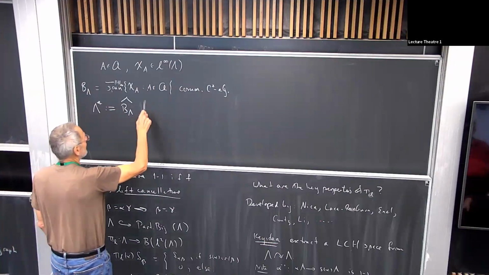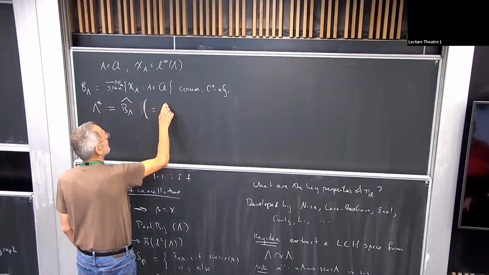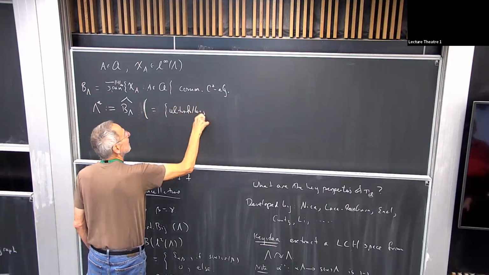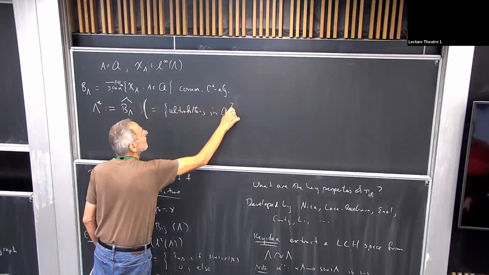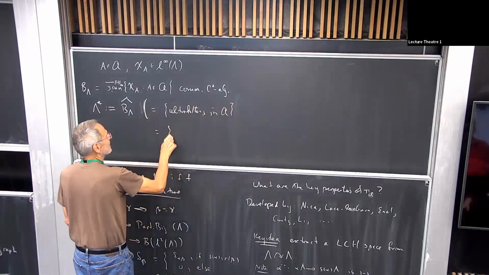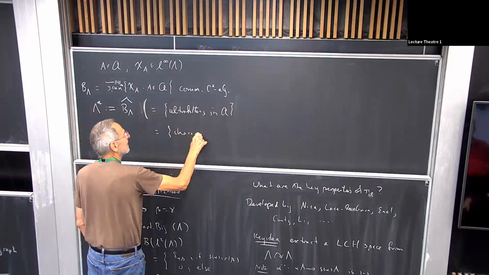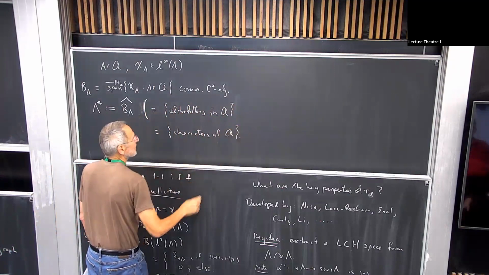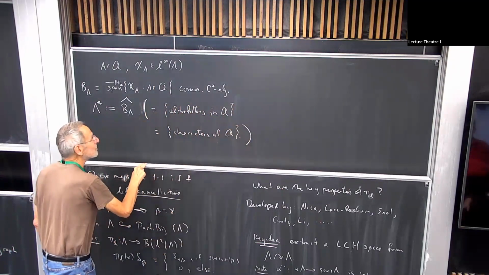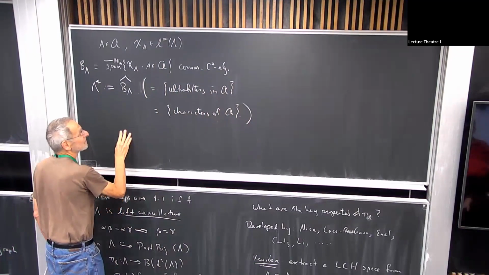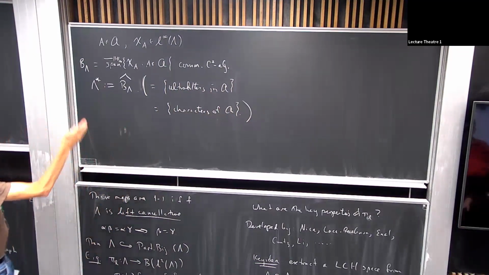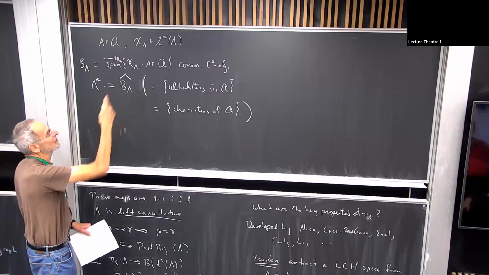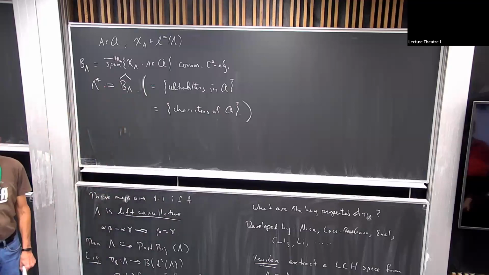So this is also equal to the set of all ultrafilters in this ring A, and it's also equal to the set of all characters on the ring A. These are the usual ways of describing this space. And it's not such a difficult thing to check that these are all the same. In fact, this is all basically Stone's theory, and I got it from Kelly's topology book.